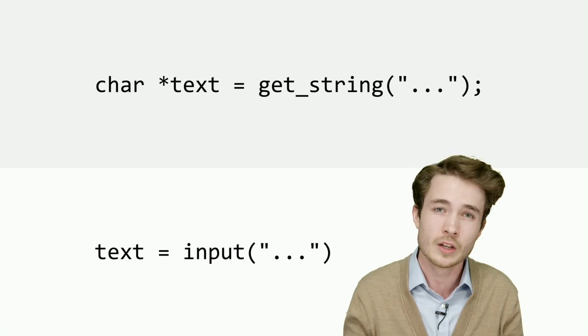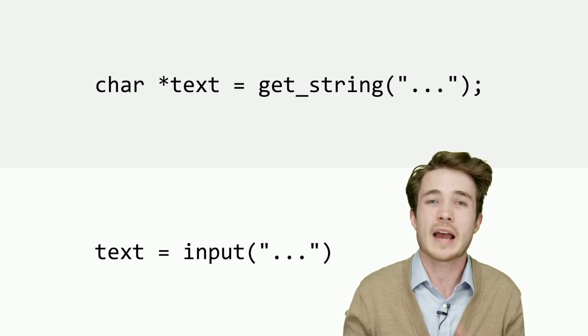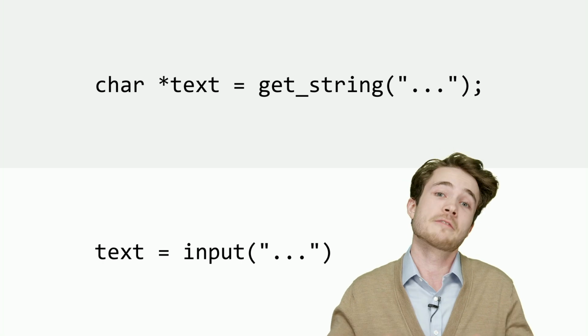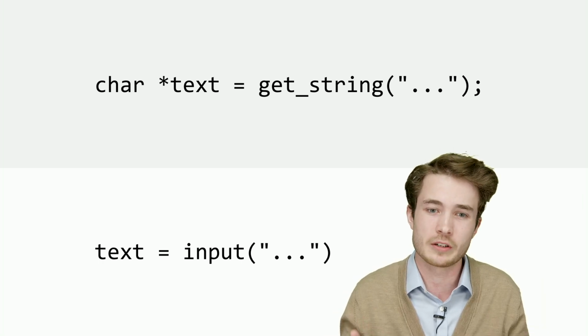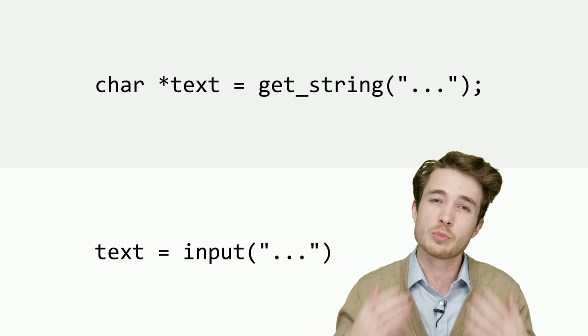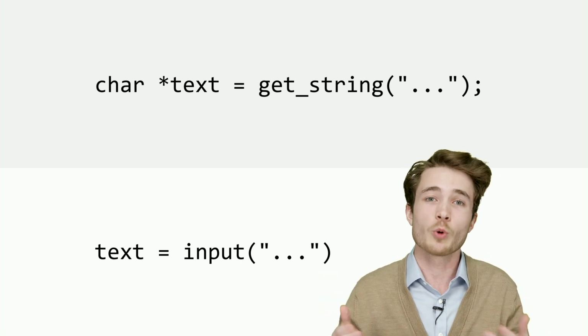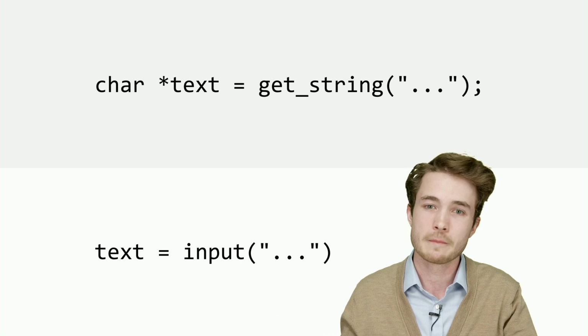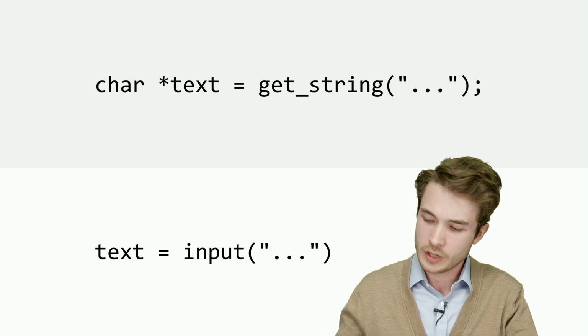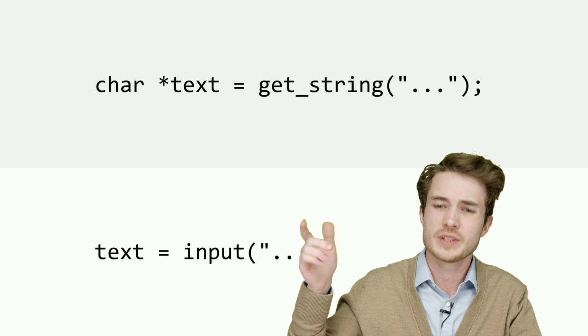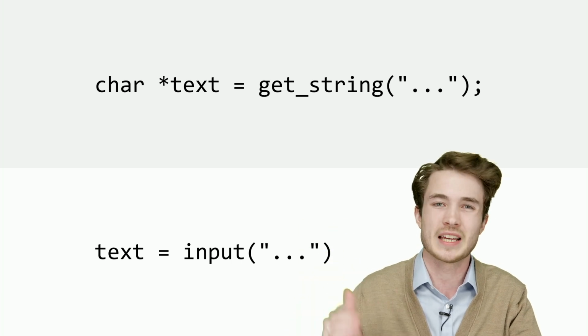Whereas in Python, which is a dynamically typed language, we don't have to do that. We can say, Python, please infer for me the data type that we're talking about here, saying text gets whatever input gives us. And because we know this input function always gives us a string, well, text, of course, is going to be a string. OK, so that's one kind of difference between C and Python in getting these variables and getting these strings.